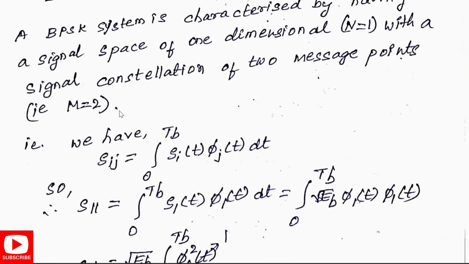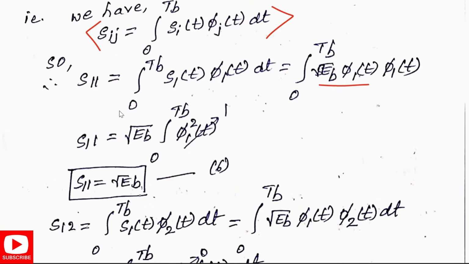This will be our standard equation. For S11, you get this equation. On substituting S1 of t as square root of EB into phi1 of t, and taking the constant, square root of EB, out, the integration from 0 to TB of phi1 squared of t is 1. So we get S11 as square root of EB.